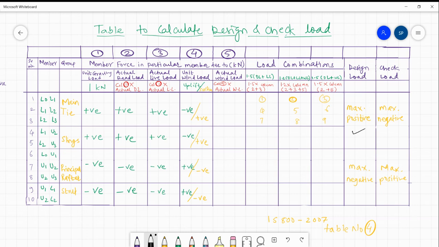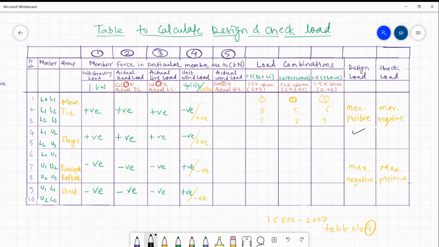So the member which is subjected to tension under the action of gravity forces will be designed as a tension member, and it will be checked for compression, because for some time definitely it will be subjected to compression, and for that duration that member has to sustain compressive forces. That's why it has to satisfy those checks as well.